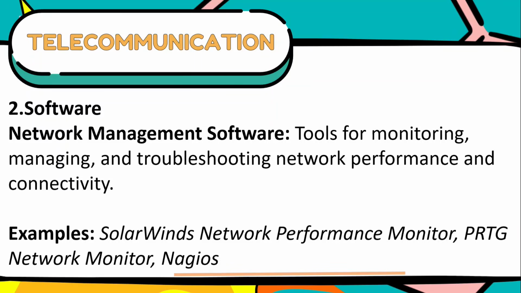Number 2 is software. Under this is the network management software. These are tools for monitoring, managing, and troubleshooting network performance and connectivity. Examples are SolarWinds Network Performance Monitor, PRTG Network Monitor, and Nagios.